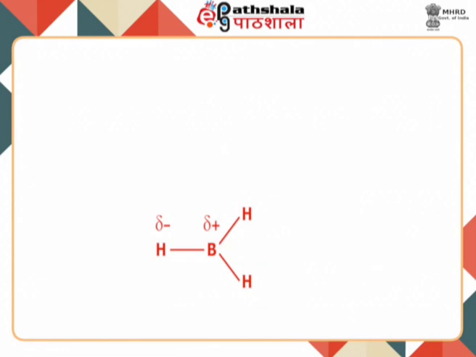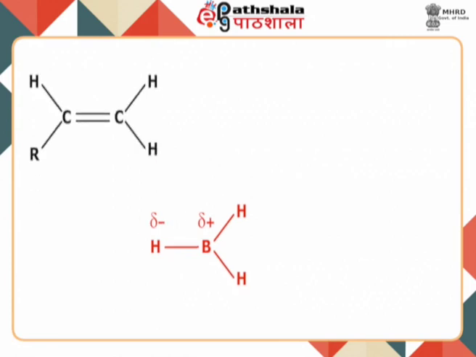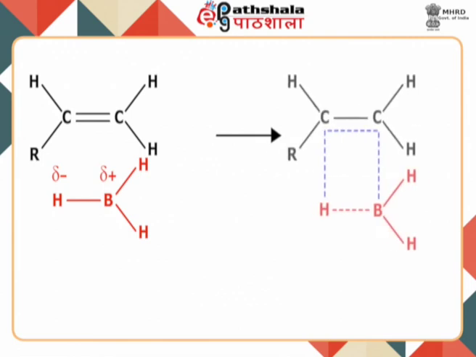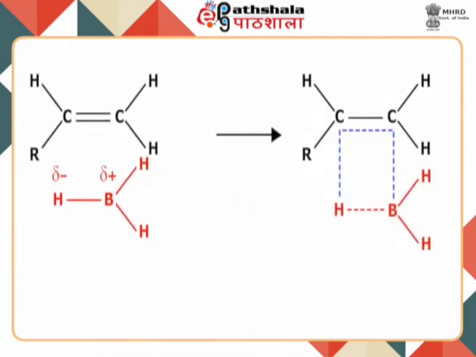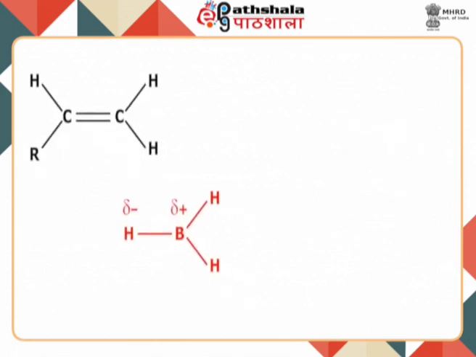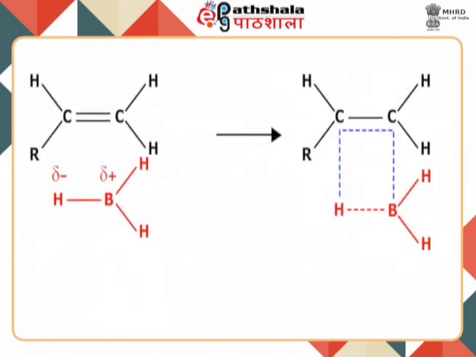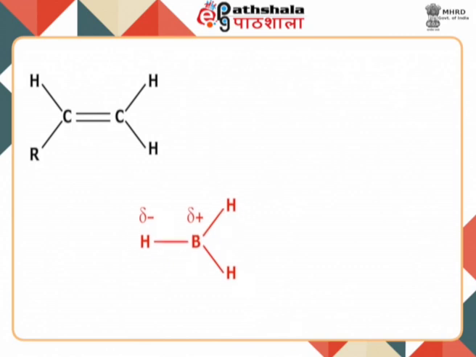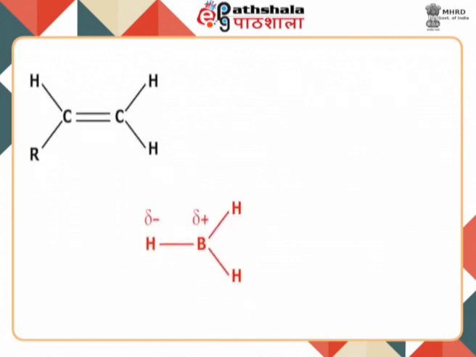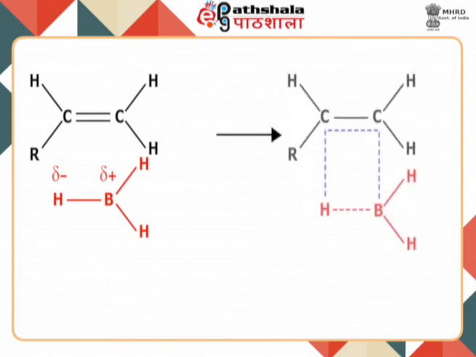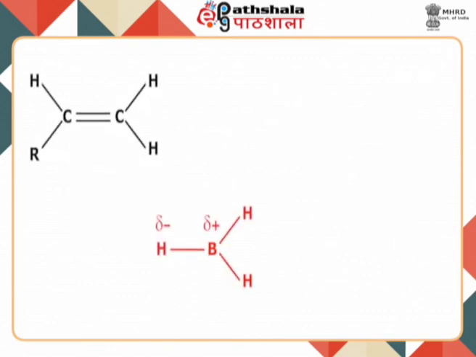However, the reaction is a concerted process, and what we mean by concerted process is that the entire BH3 molecule will be adding to the alkene carbon-carbon double bond simultaneously. It is not going to happen part by part, unlike the other electrophilic additions you have seen, where the electrophile attacks first, you get the intermediate carbocation and then the nucleophile attacks.